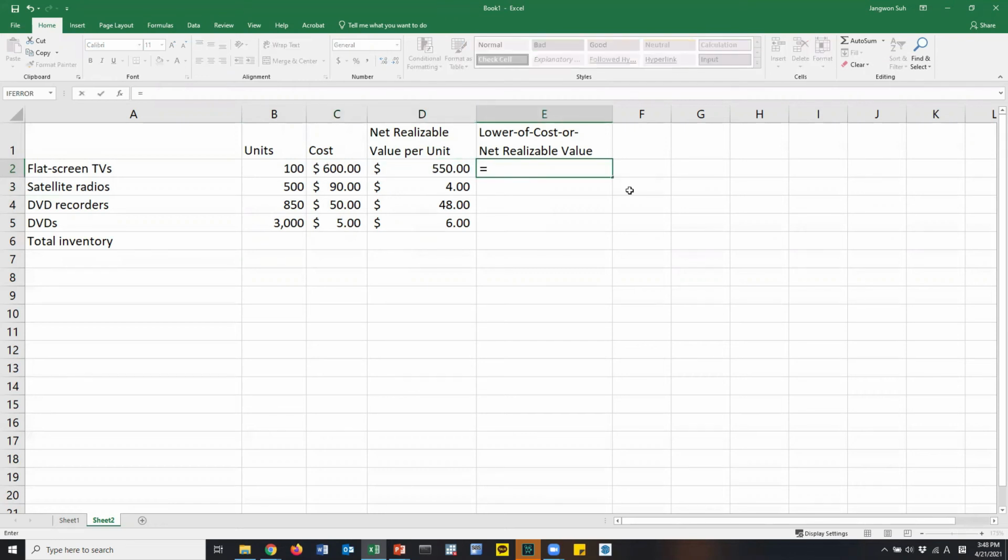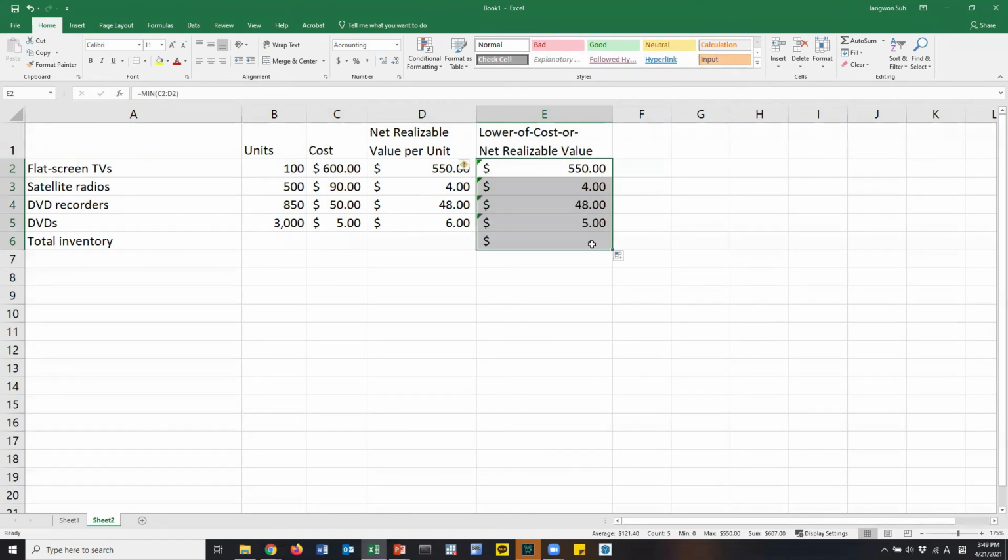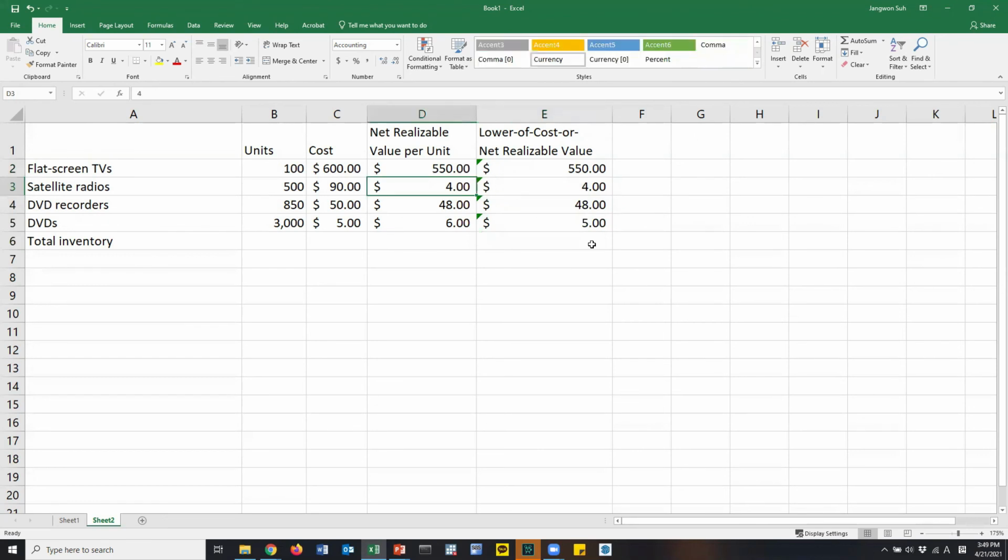You should use the lower one, the minimum between these two. Okay. The accounting standards state that you should use the lower of cost or net realizable value. Okay. This is from your textbook, example 104.